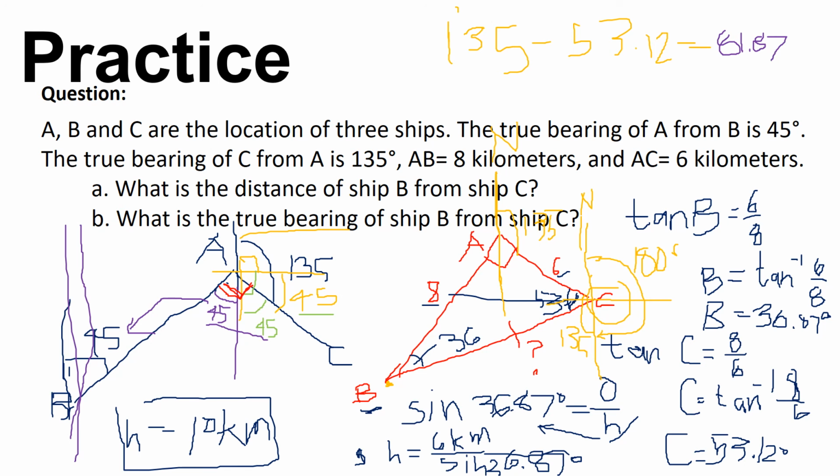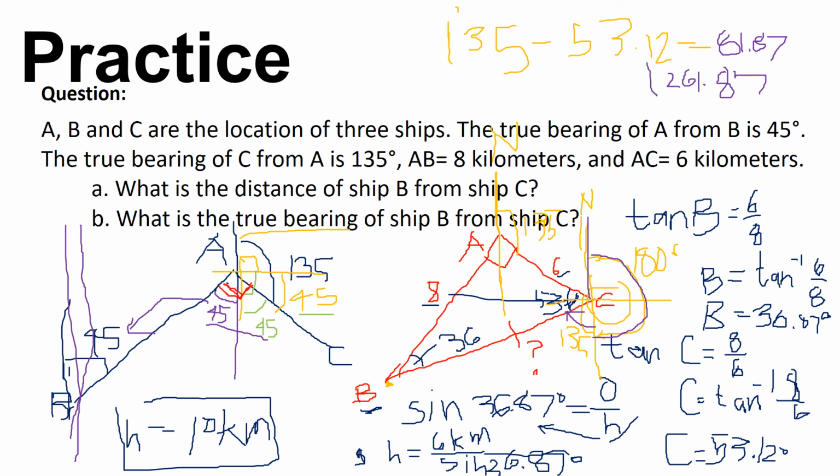So if this is 81.87, and since we are measuring from the north line, that's 180 plus 81.87, a total of 261.87.